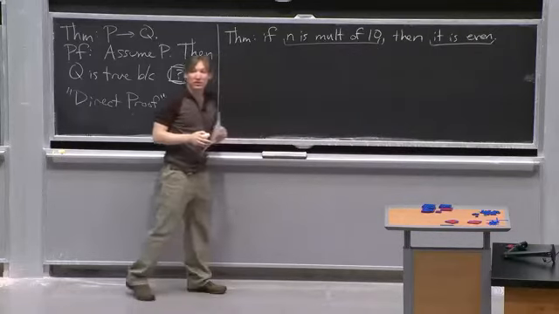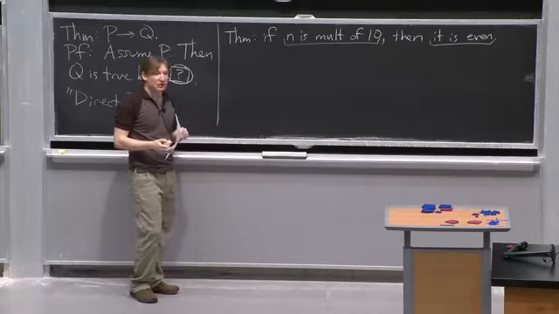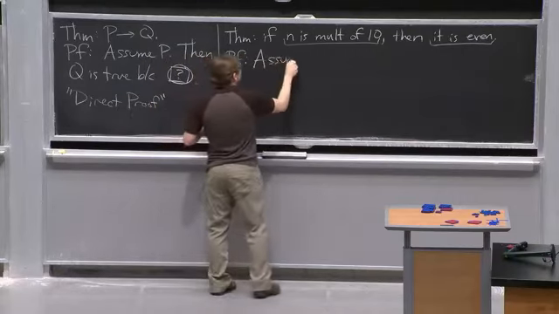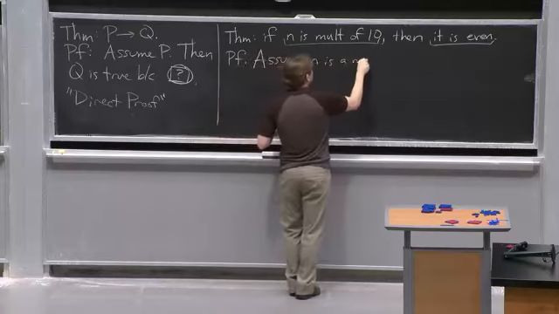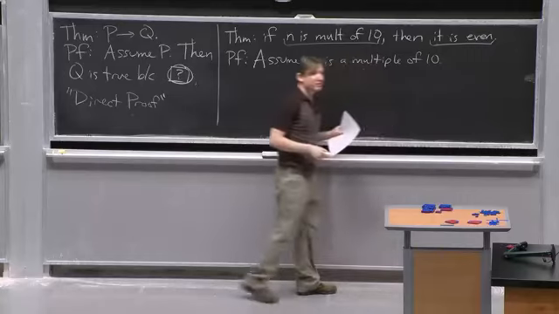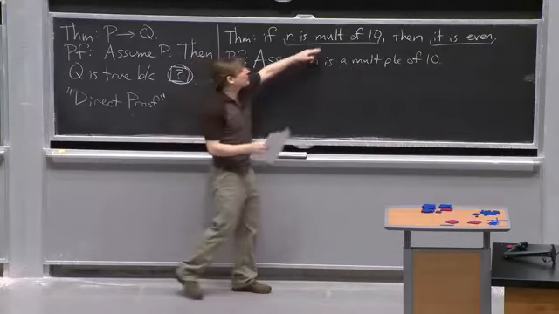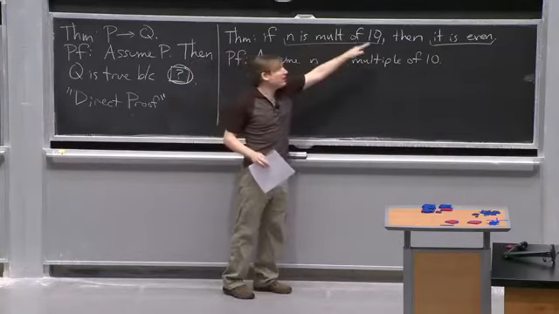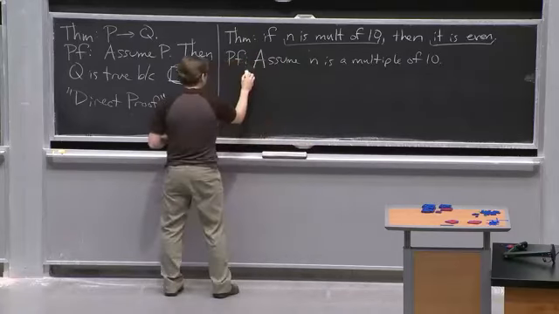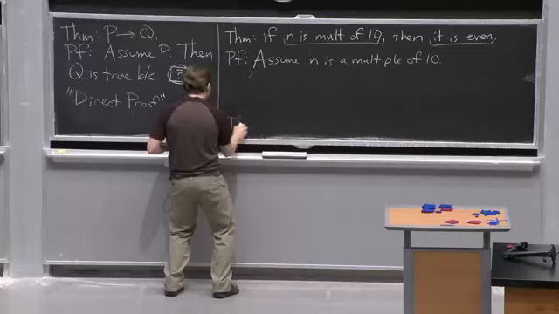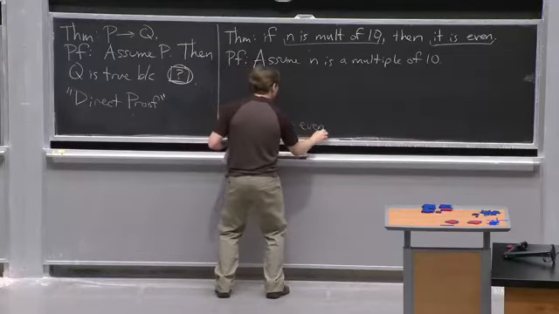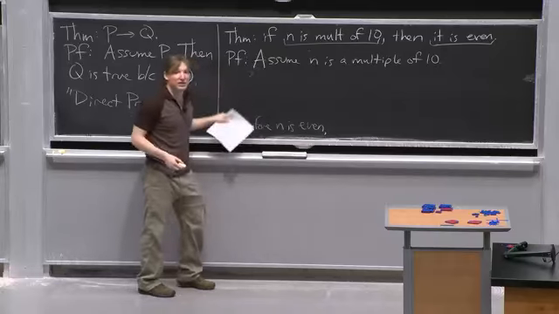P implies Q. So, even without having to think very hard, proof, assume n is a multiple of 10. We know we're going to start with that. Assume the first thing. We know we're going to end with the last thing. Therefore, n is even. So question mark, question mark, question mark.